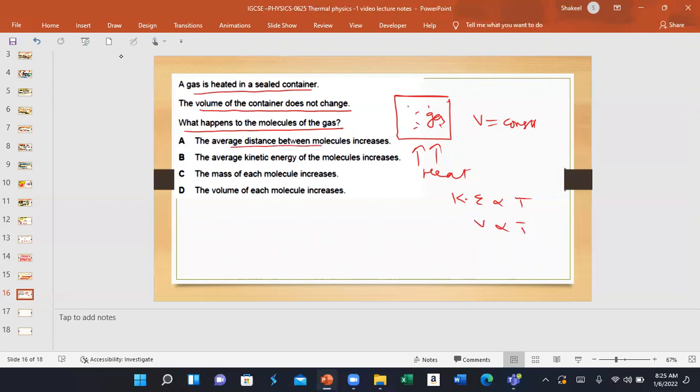Does the average distance between the molecules increase? No, because the volume is fixed. Volume is constant, so average separation cannot change. Does the average kinetic energy of a molecule increase? Yes. Does the mass of each molecule increase? No, mass cannot change. Does the volume of each molecule increase? No, volume is also fixed. So it means that it's simple, the kinetic energy will change.